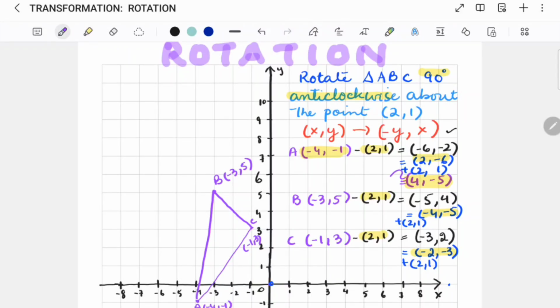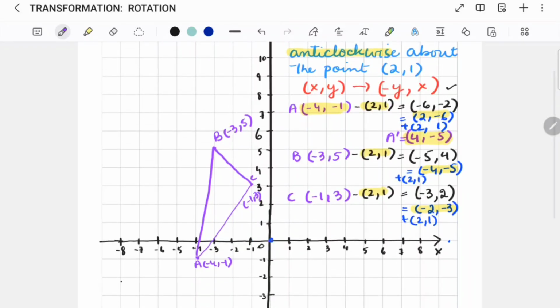This is your A prime. Now the next one, you're just adding 2 1, so B prime will be equal to minus 4 plus 2 is minus 2, and minus 5 plus 1 is minus 4, so that is your B prime.